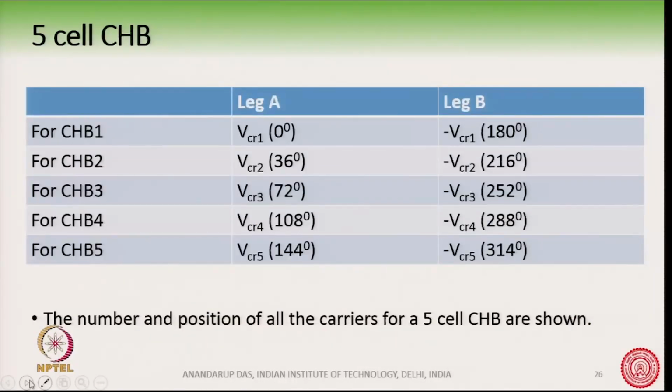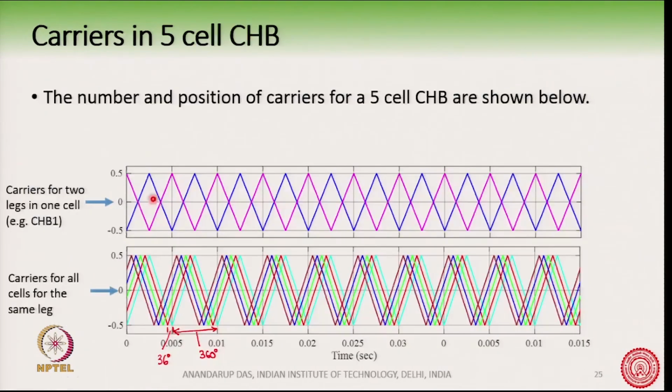So, how do these 5 cell CHB carriers actually sit? There are the 5 cells CHB 1, 2, 3, 4, 5, and for CHB 1, leg A, suppose the carrier is 0 degree. Of course, leg B is 180 degree, as you have seen here.